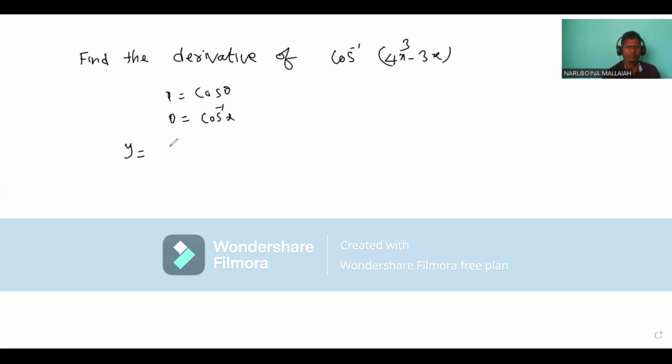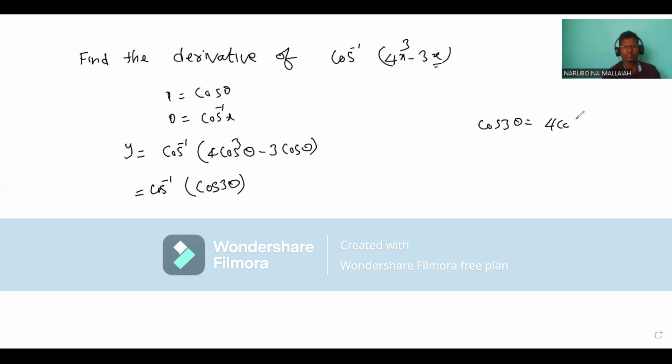Y is equal to cos inverse of 4 into, in the place of x I am writing cos theta, cos cube theta minus 3 into cos theta. This is equal to cos inverse of 4 cos cube theta minus 3 cos theta. That is the formula for cos 3 theta. Remember the cos 3 theta formula, 4 cos cube theta minus 3 cos theta.